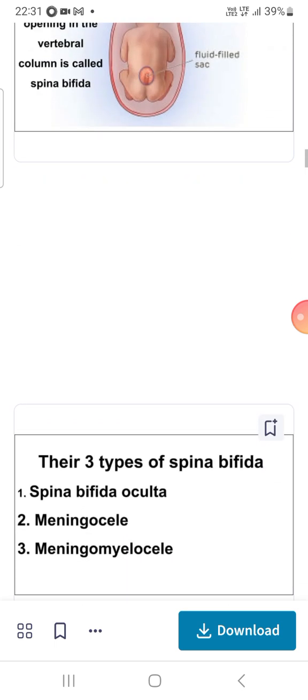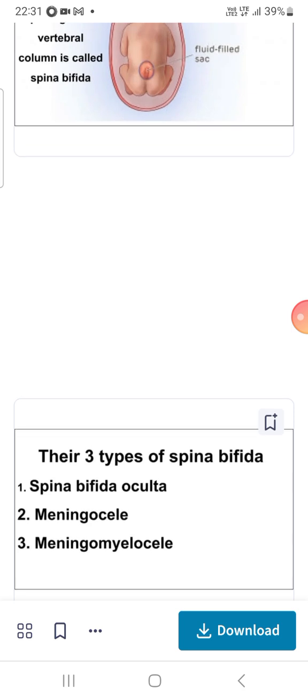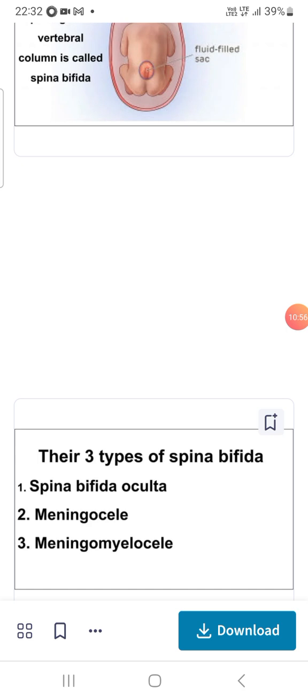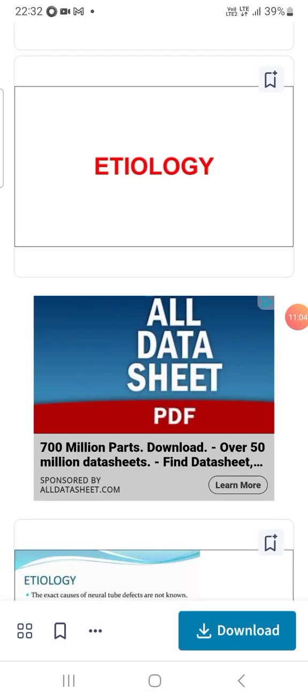Spina bifida is again of three types: spina bifida occulta, meningocele, and meningomyelocele. So this is about the general characters and types of the neural tube defects.